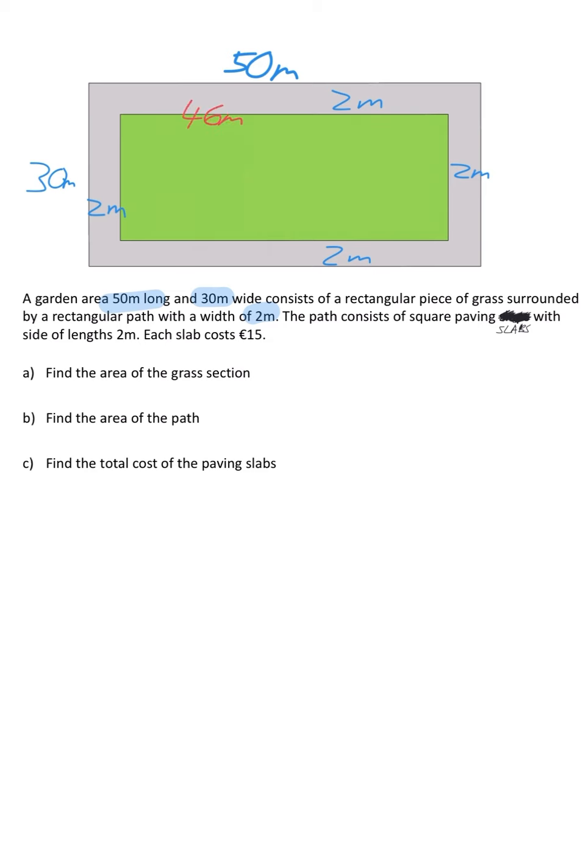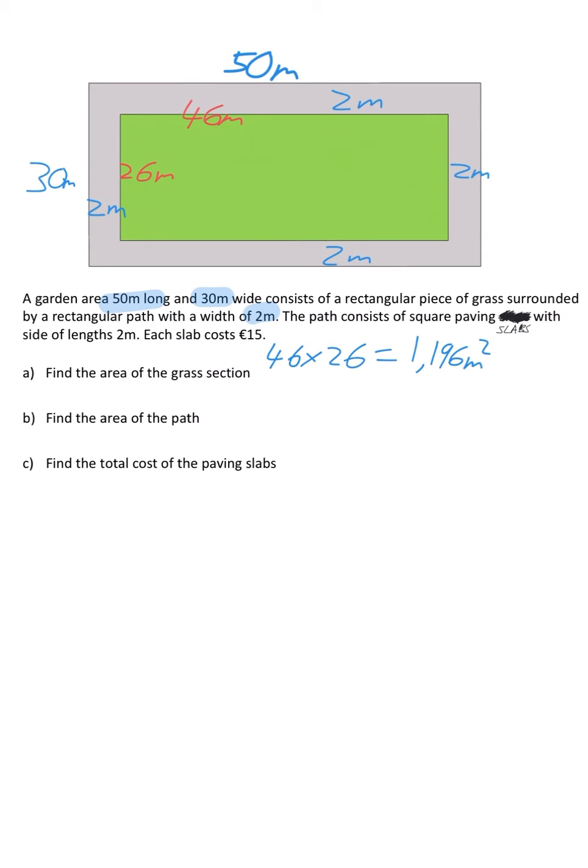I need to do the same with the 30, so subtract 2 and 2 because that's the dimensions of the path. So that will leave me with 26 meters as my dimensions for the width of the garden. Okay, so then part A is pretty easy now. So we just have to do 46 times 26. And that is equal to 1,196 meters squared.